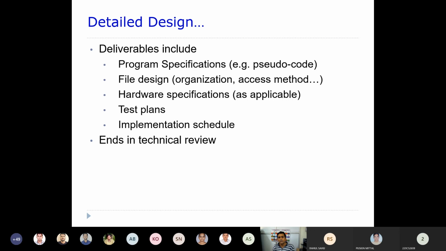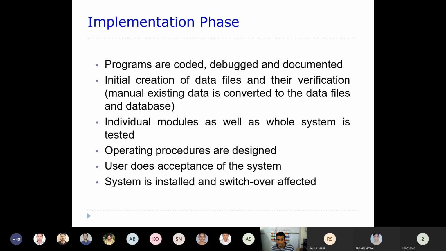That means after the detailed design is prepared, it will be reviewed by the technical people who are involved in designing this particular document. Hereafter, once you have the design and the detailed design, the phase now is implementation.